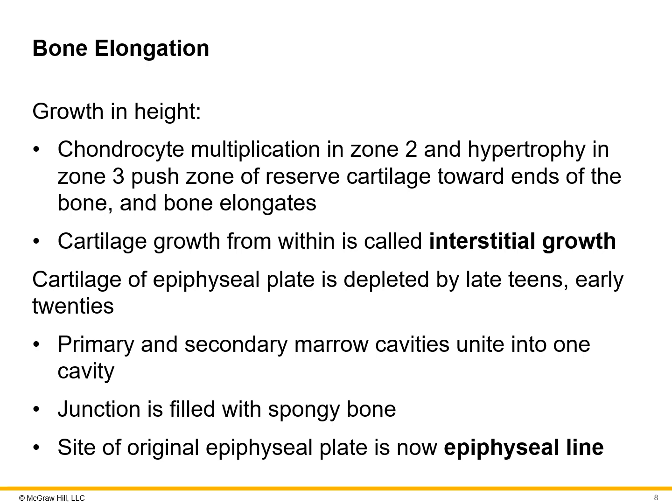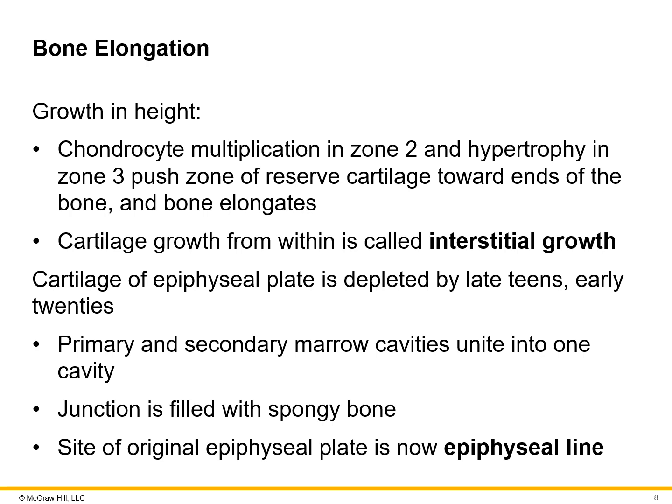The cartilage in that zone 1 is going to grow by multiplication of chondrocytes and the deposition of new matrix in the interior, and that is called interstitial growth. The most common form of dwarfism actually results from a failure of this cartilage growth in long bones.